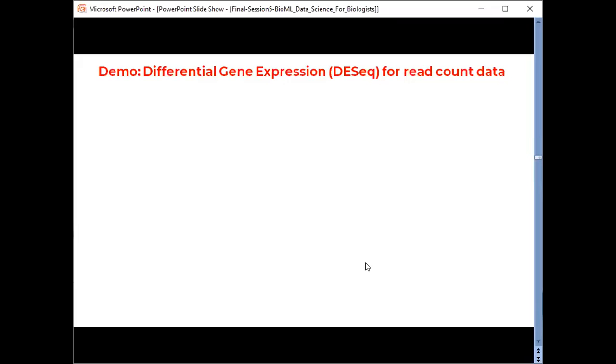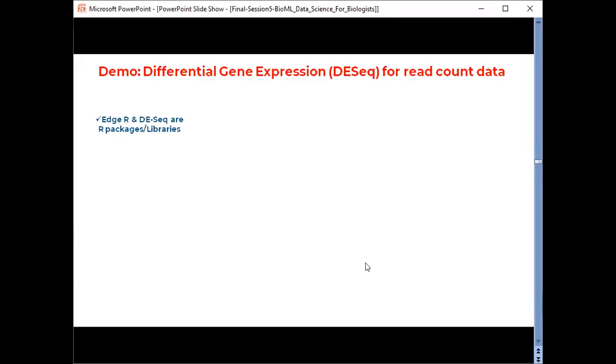To identify significant differences in non-normally distributed gene expression data, there are several methods like edgeR and DESeq that are available in different R packages that can handle non-normalized data.